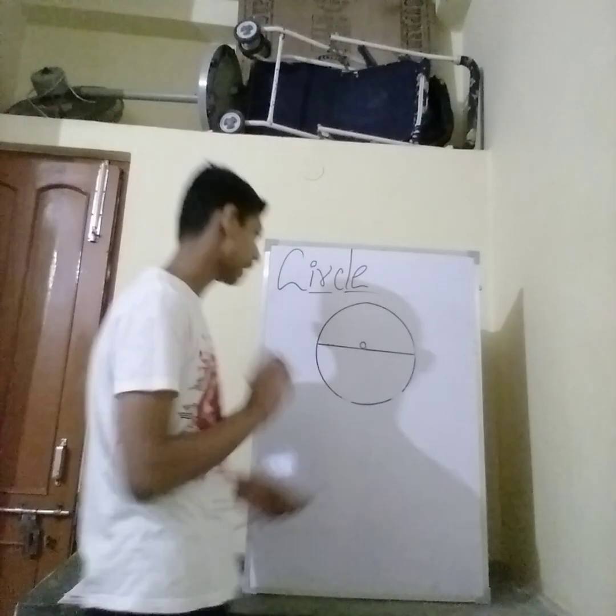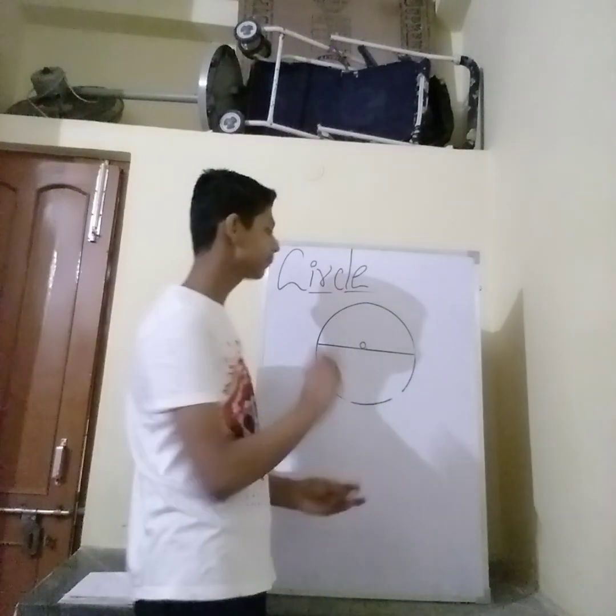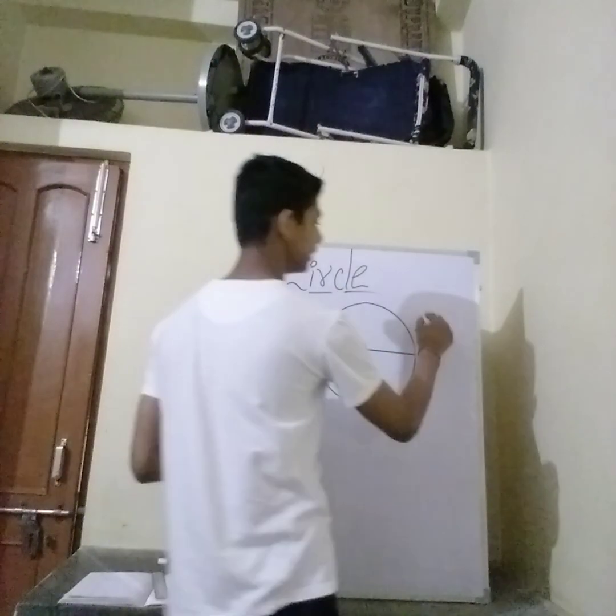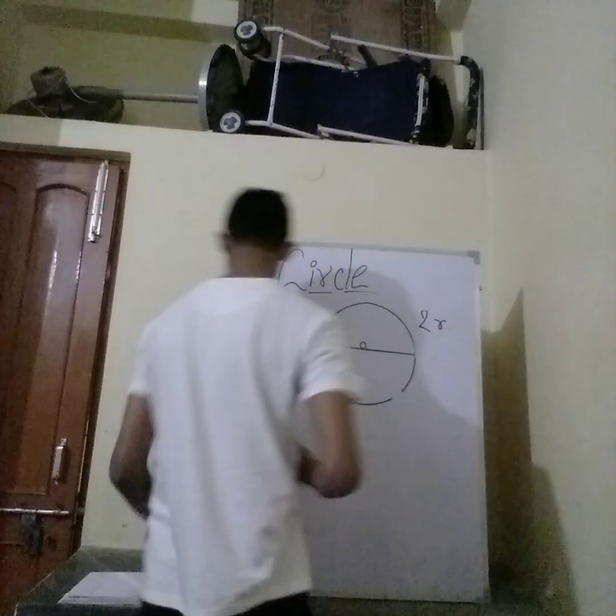This is the center. Diameter is the longest chord. As we see here, diameter is twice the radius, so diameter is 2 into radius.